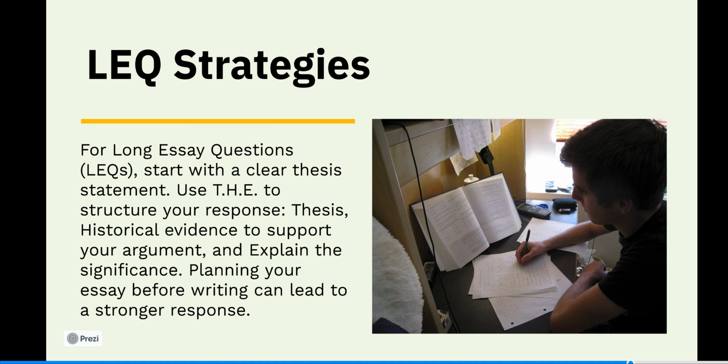Again, you won't be given documents for this one, so you don't have to cite, but make sure that you're bringing in as much as you remember from class, from lectures, from videos about that time period, about the topic, and then explain why it's important. Explain how it answers your question. Tell the reader why that evidence matters.